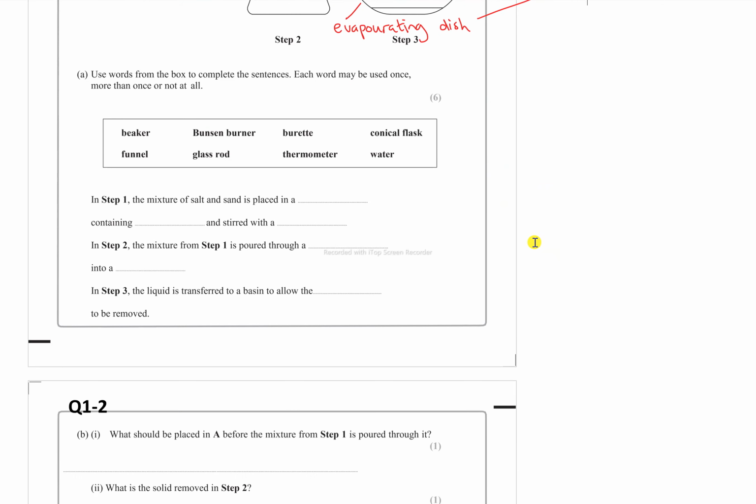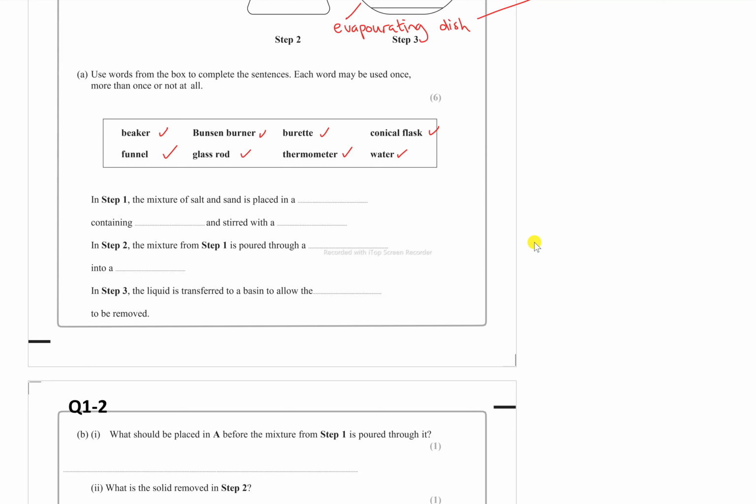So we've got these words: beaker, funnel, Bunsen burner, glass rod, burette, thermometer, conical flask, and water. Okay.